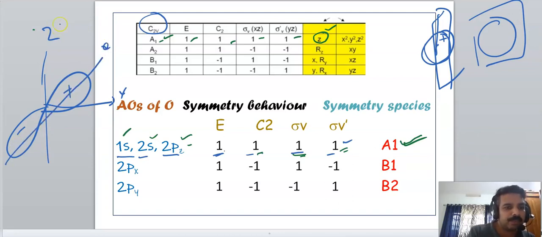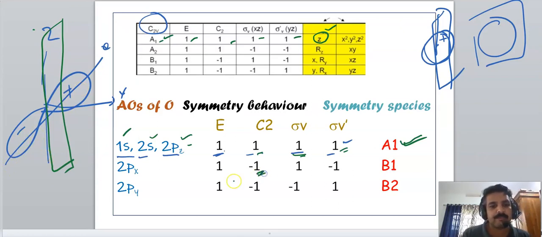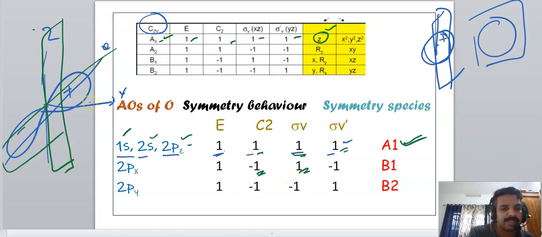So C2 is in between the lobes. Therefore, sign changes. Therefore, it is minus 1. And sigma V xz passing through this one, there will be no change. Therefore, this is 1. And sigma V yz cutting this yz plane, cutting plus and minus lobes, the center of the plus and minus lobe. Therefore, plus and minus interchange. Therefore, it is minus 1.